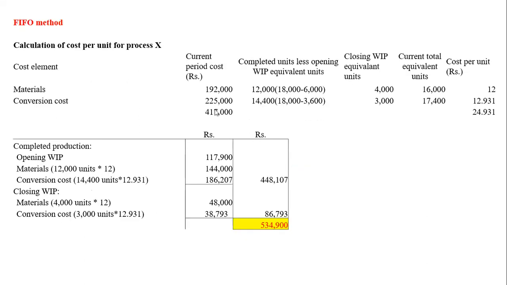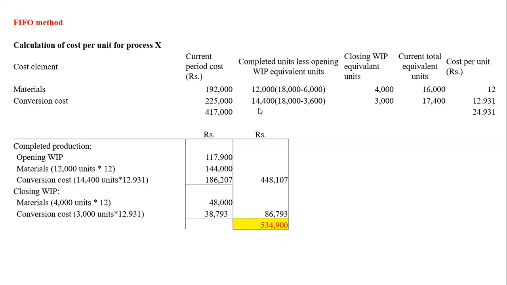If it is the FIFO method, carefully look at how they change. The opening cost, material cost, is applicable only for opening work in progress, and we assume that they are transferred into the finished goods.